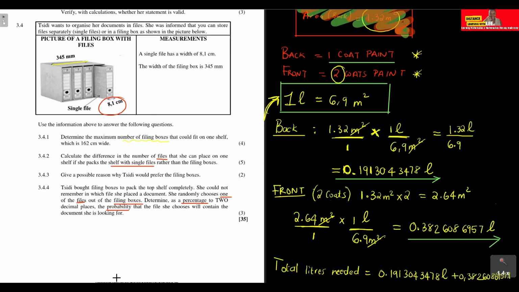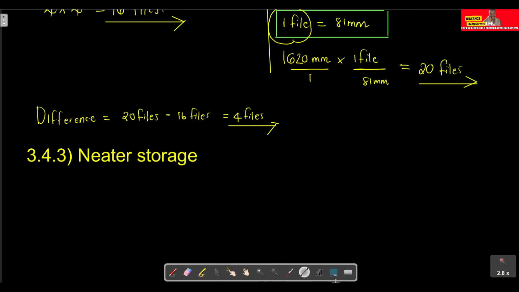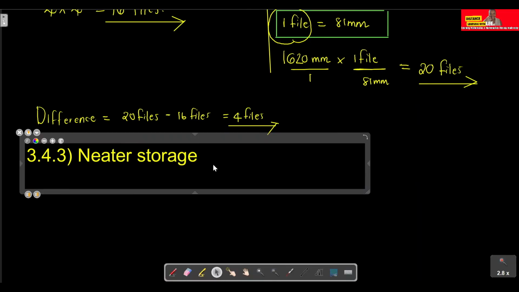She basically chooses one file out of the filing boxes. We need to determine as a percentage to two decimal places the probability that the file she chose, that one file that she chose, that is the favorable outcome, contains the document that she is looking for. So here guys, nice and simple. I did mention that this is a probability question.